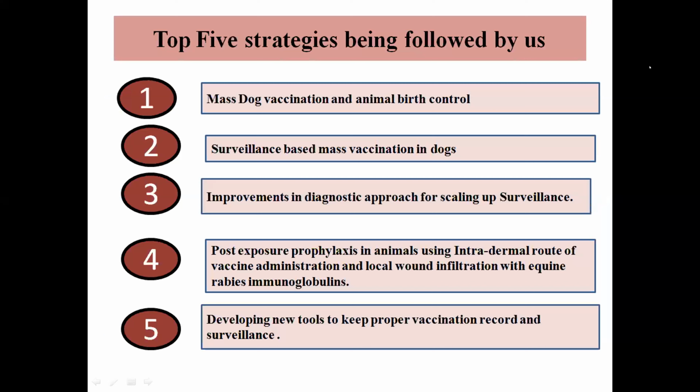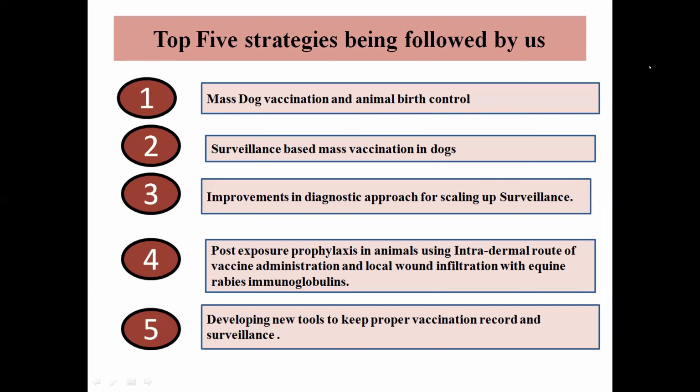Top 5 strategies being followed by us in Himachal Pradesh in collaboration with the health department. Dr. Omesh Bharti is one of my mentors, Dr. Shri Krishna Islu from the south, and even Dr. Denny. We all are coordinated. First strategy we are following is mass dog vaccination.